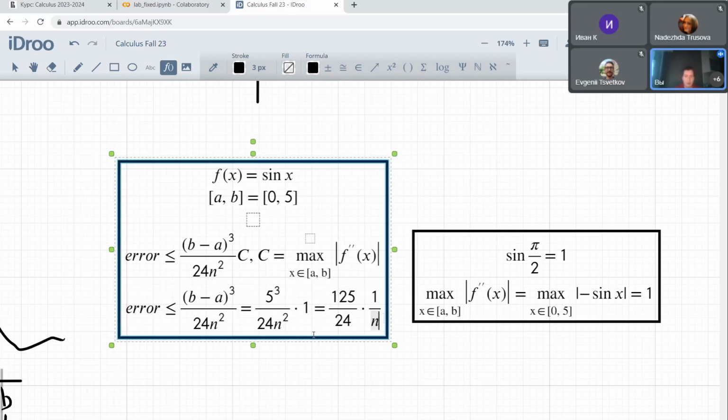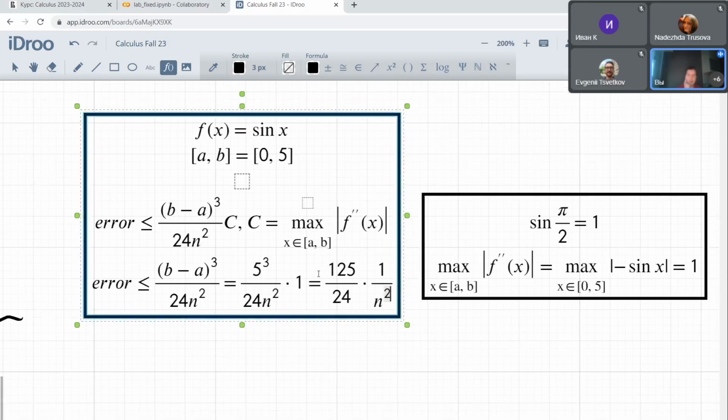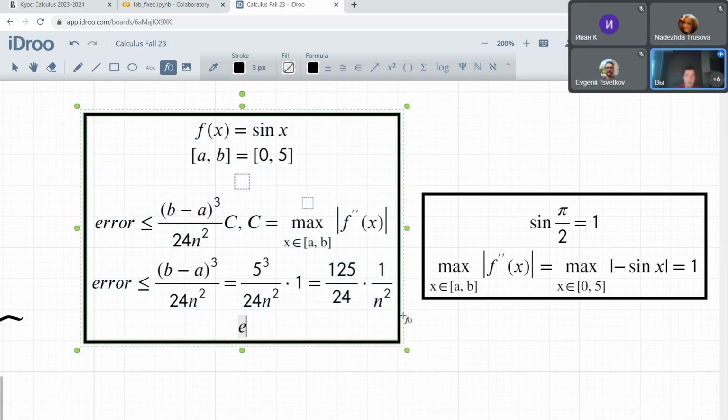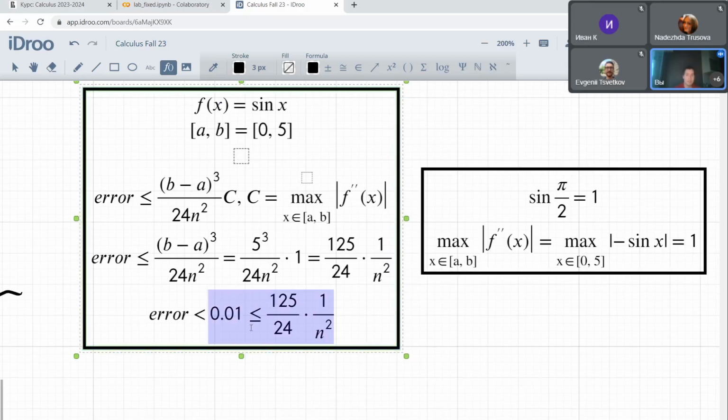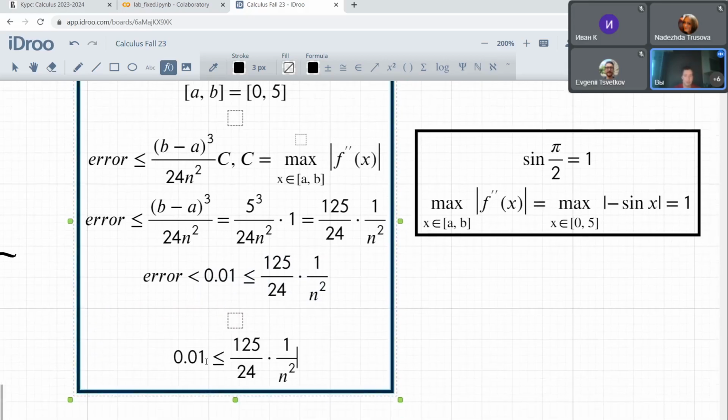So the size of your error can be bounded with this value. If you want to have an error, for example, less than this value, then you can just find such n that this inequality holds.